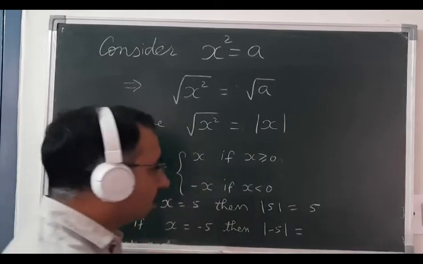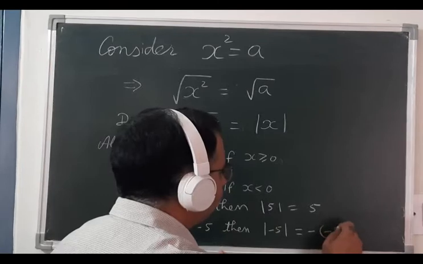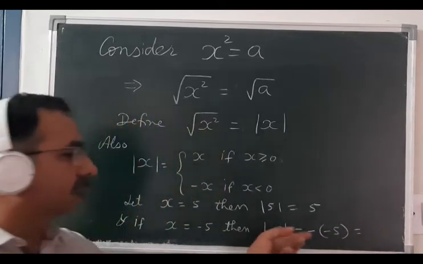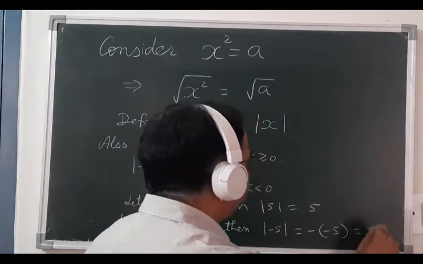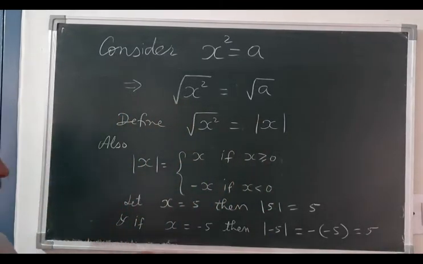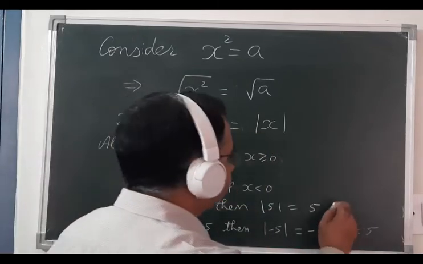So take the negative of this number, so this is minus of minus 5, which we have already seen, minus of minus x is x, so this is 5. So in both cases, whether x is a positive number or a negative number, mod of x is a positive number.